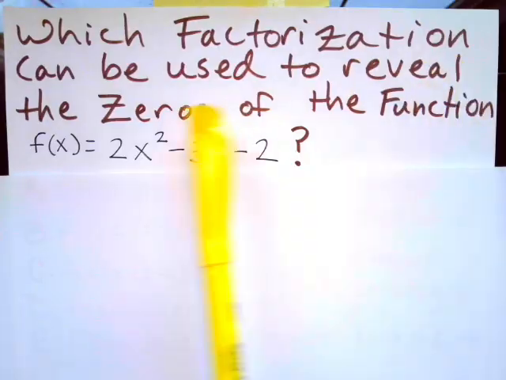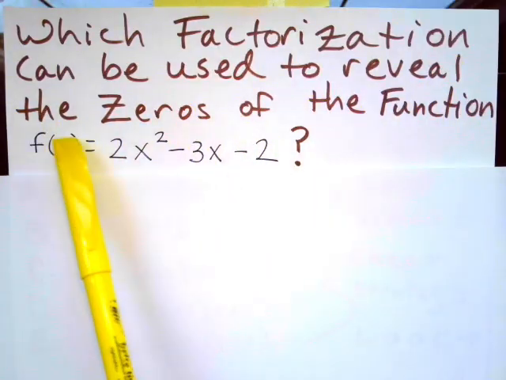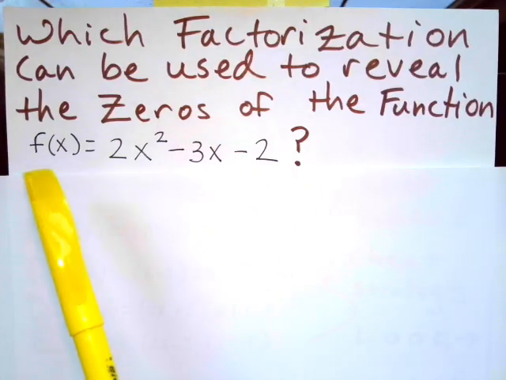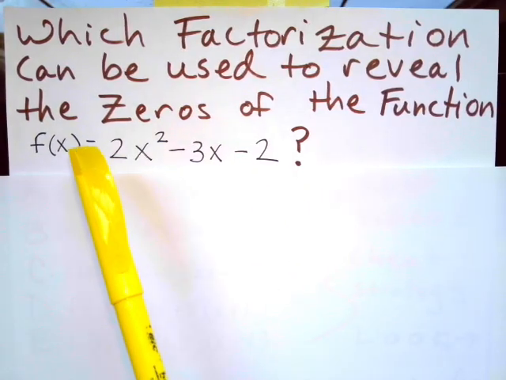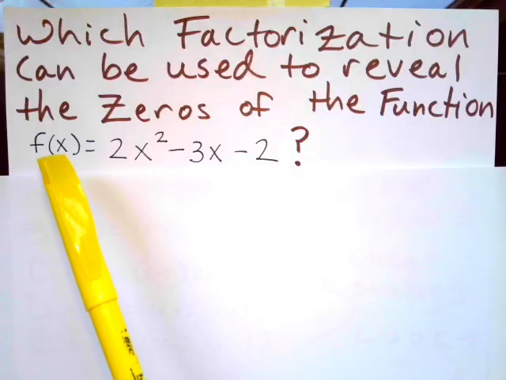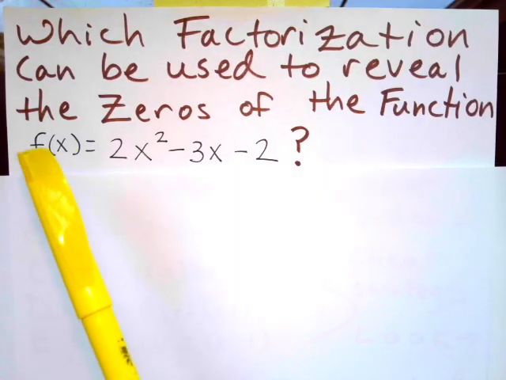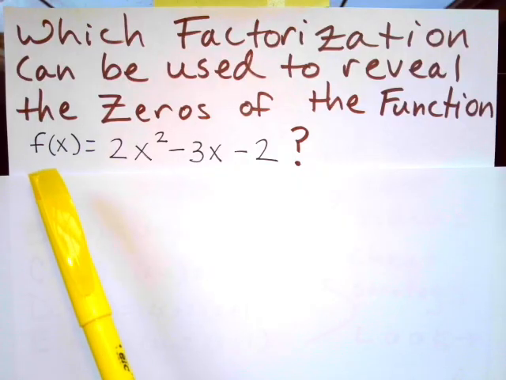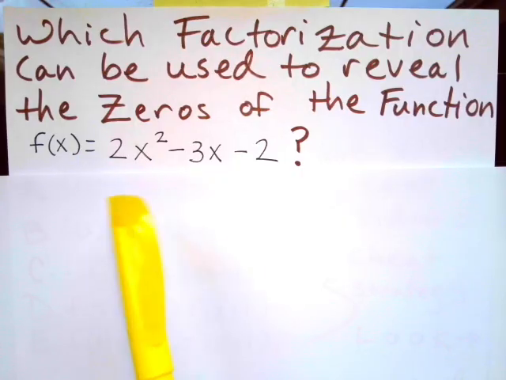Which factorization can be used to reveal the zeros of the function? F of x is a function, and again, f of x can mean y. Y and f of x is the exact same thing as far as I'm concerned. You can substitute a y for f of x, and that is what makes this a function.